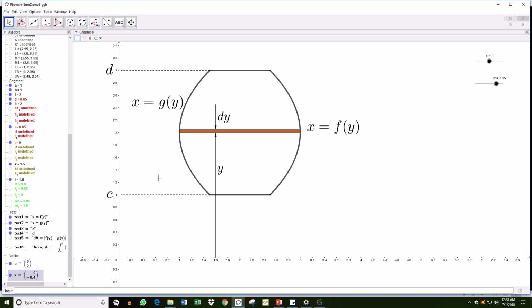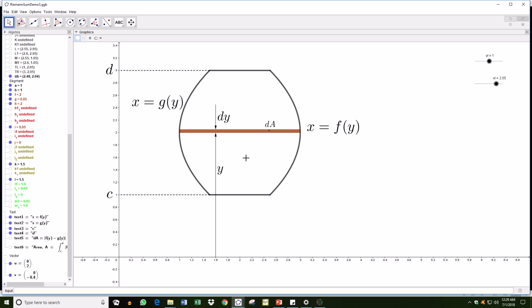In this case, because that dimension is more like a height, I'll say the height of the rectangle is dy, itty bitty dy, a differential height. As a result, we would have a differential area for this one.